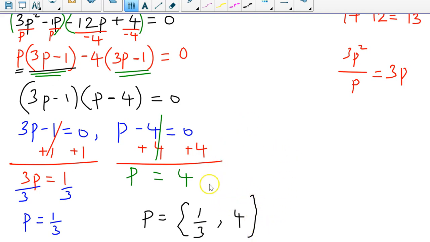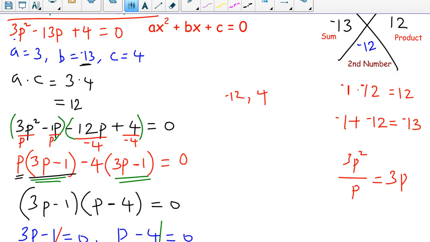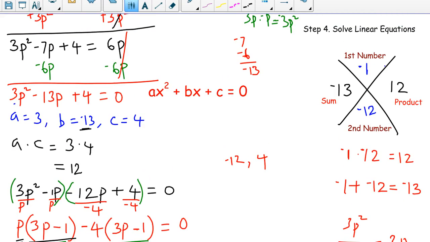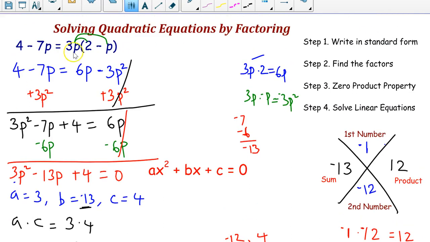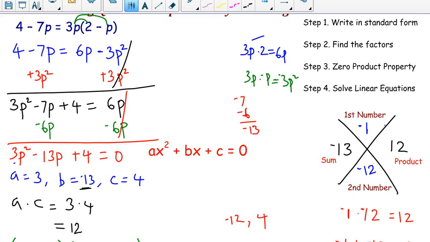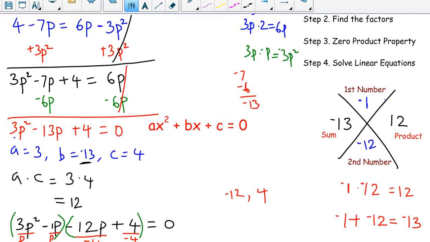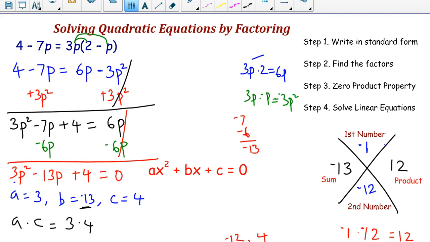Okay, and you can always go back and verify your answer, this solution, by substituting in the given equation over there. On substitution of the values of P is equal to 1/3 on the left hand side and right hand side, you will get a true statement, right? So that verification can also be done. All right, did you get the process?